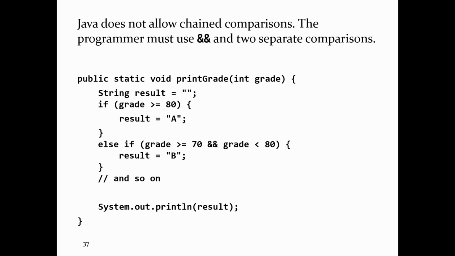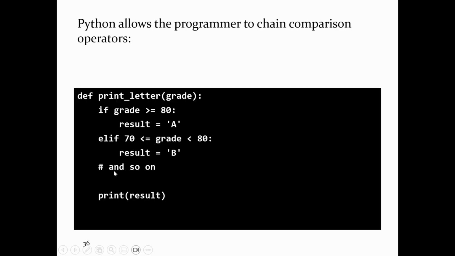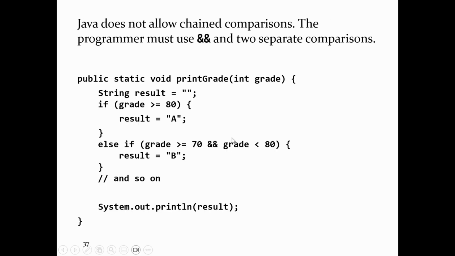And so Java makes you write all of that out explicitly. So down here, you have to write else if, round brackets, is the grade greater than or equal to 70, and is the grade less than 80, and so on. So if you're in Python mode and you want to write a chain comparison like this, you have to remember to translate it to that instead. You need to use the AND operator here.